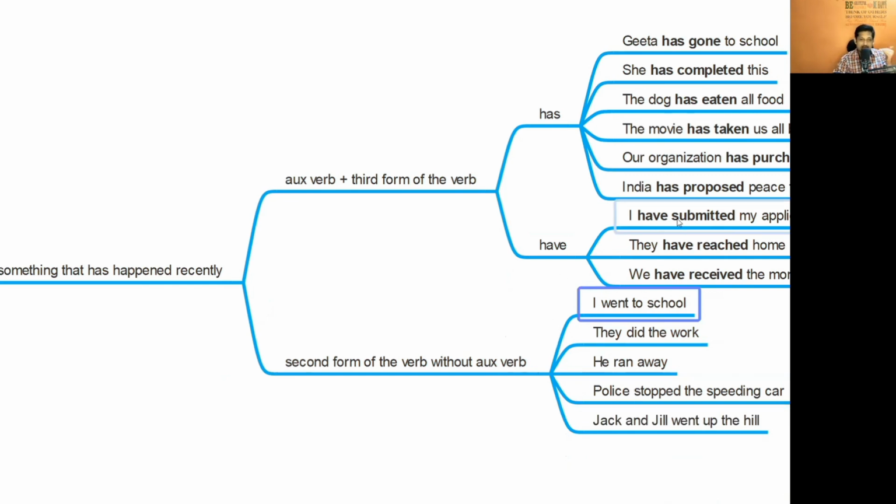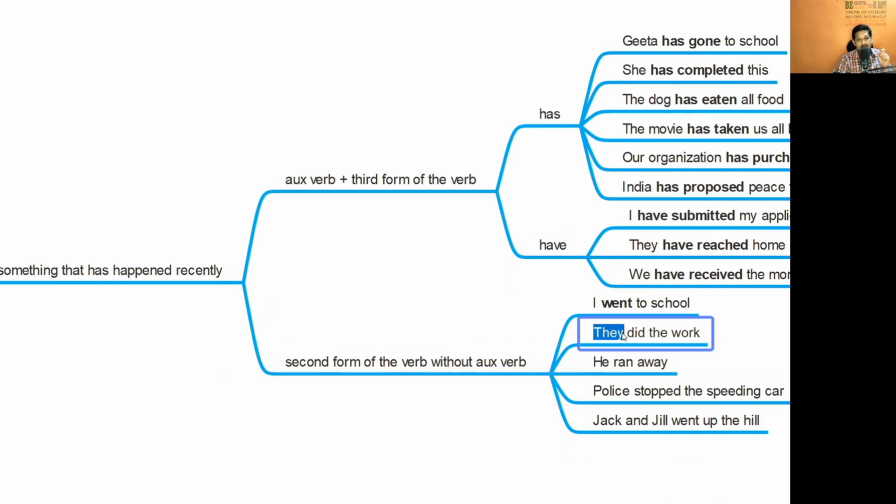You can use I have gone to school, or you can say I went to school. It's up to you, whatever you want to use. Okay. But here you see the second form of the verb is used. I went to school, go, went, gone. And there is no auxiliary verb, without auxiliary verb.